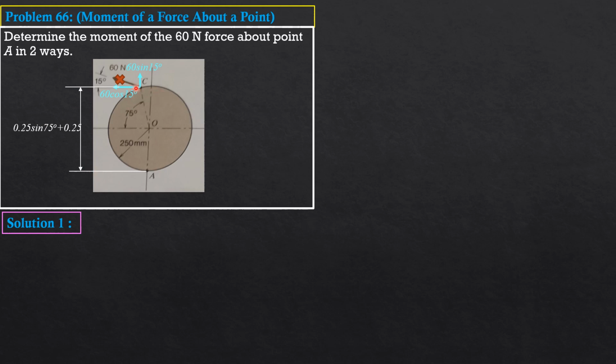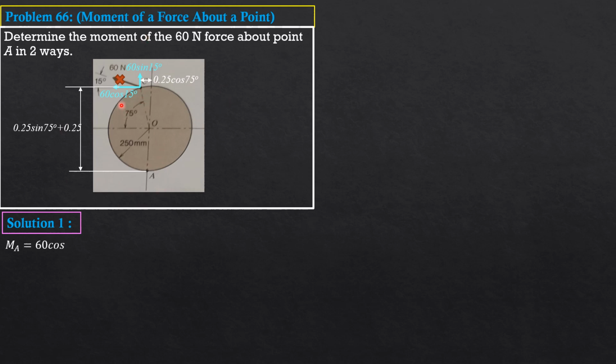Then this horizontal distance is simply radius cosine of 75. So 0.25 cosine of 75. So we can now compute the moment about A. The horizontal component is counterclockwise, the vertical component is clockwise. So we treat counterclockwise as positive.